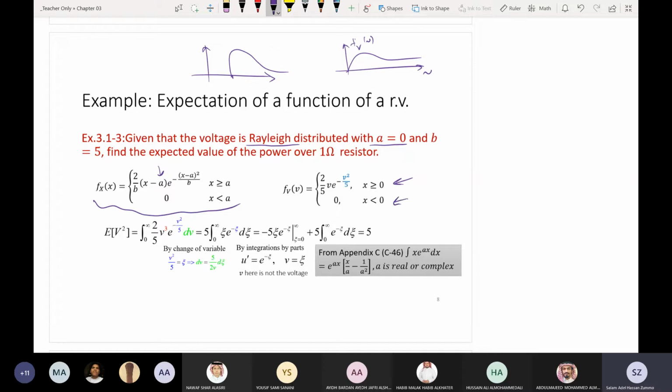Now we are interested in the expected value, the average value, of the power over the 1 ohm resistor. So we have a voltage that goes through a 1 ohm resistor, and we are interested in the power. What is the value of the power in terms of the voltage, Shima?